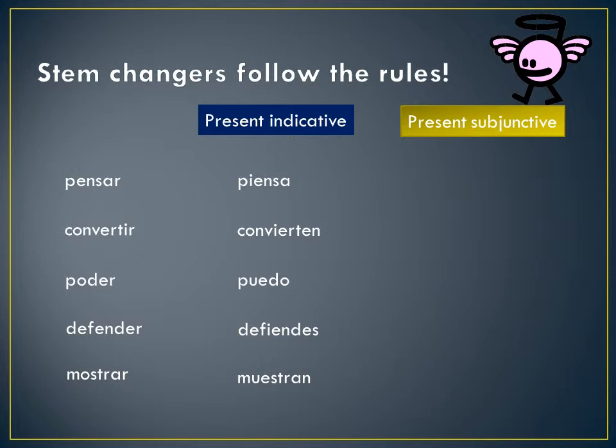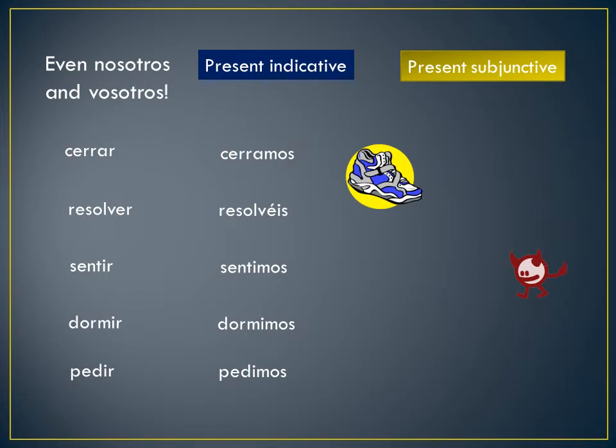Check it out. These stem changers from the present indicative also follow our present subjunctive conjugation rules. It's even the same in the nosotros and vosotros forms, except check out the little diablo for the stem change for IR infinitives.